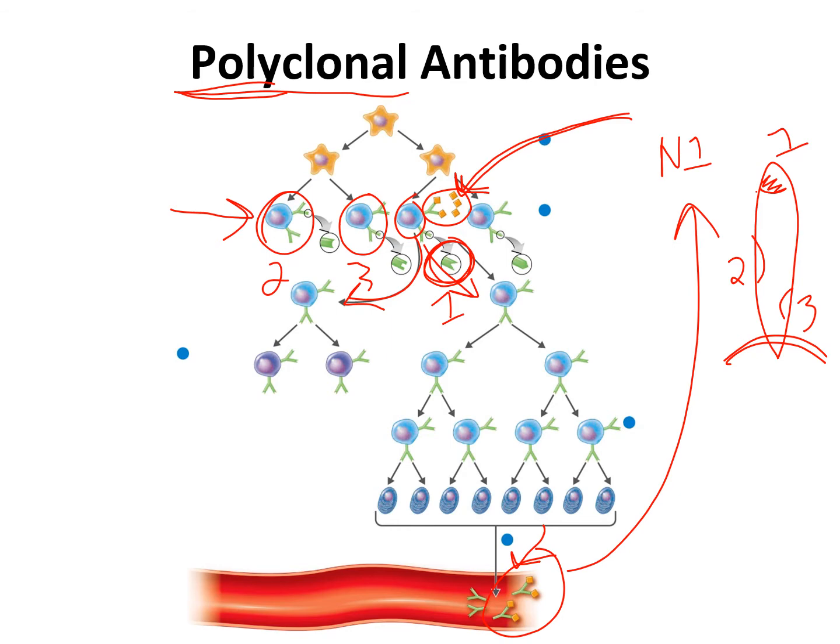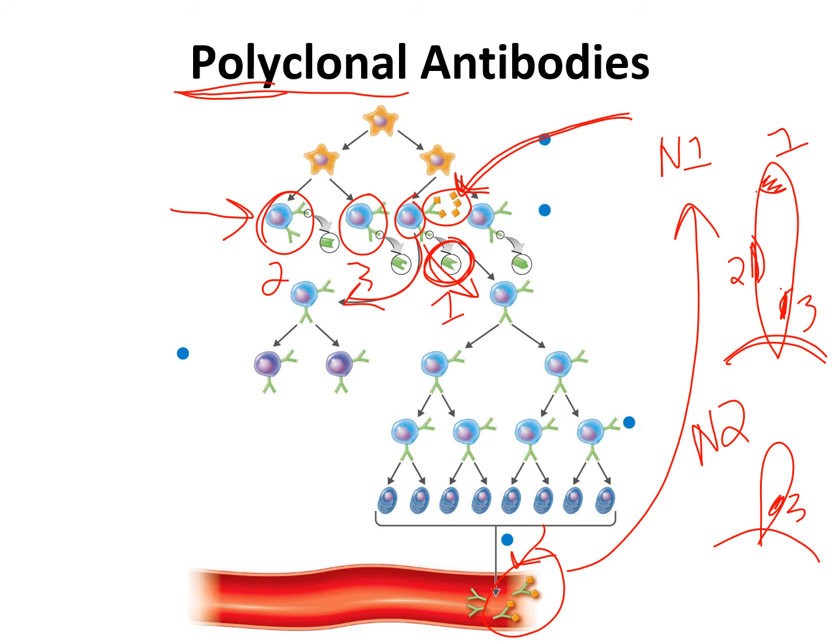So that's polyclonal antibodies. What that means is that all those antibodies are not identical. Some recognize epitope 1, some recognize epitope 2, some recognize epitope 3. And the problem comes in if the other antigen, N2, has a similar epitope. What if it shares epitope 3 with N1?